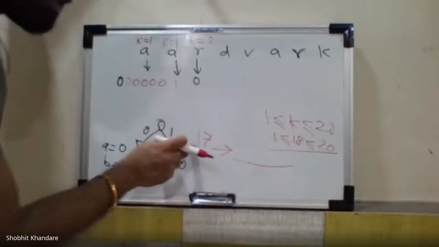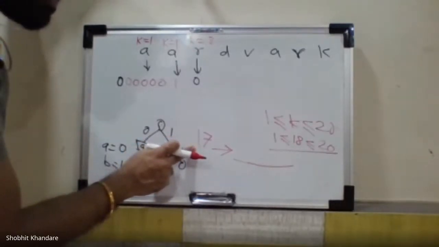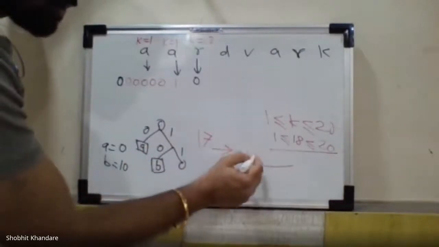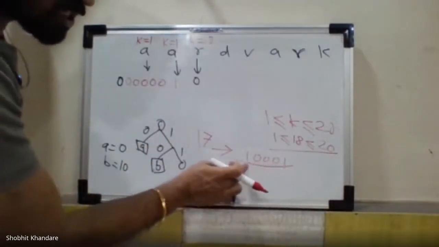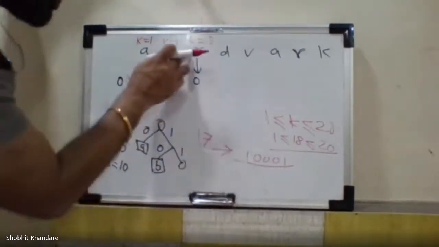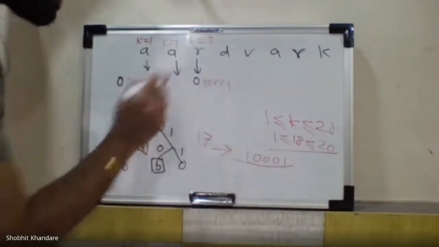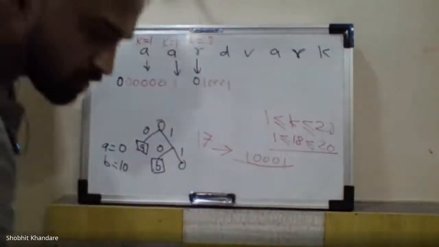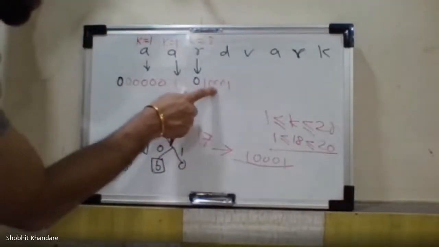So how do you represent 17? 1 0 0 0 1. So 1 2 4 8 16, 16 plus 1 is 17. Yes, this is right. So can I say the code for R is 0 1 0 0 0 1? Do you agree with this? So it is 0 1 0 0 0 1.